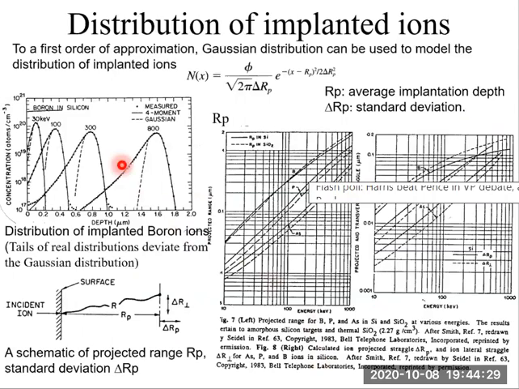Distribution of implanted ions. To a first order of approximation, a Gaussian distribution can be used to model the distribution of implanted ions. Namely, n should be equal to phi over square root of 2 pi delta Rp times e to the power of negative (x minus Rp) squared over 2 delta Rp squared.